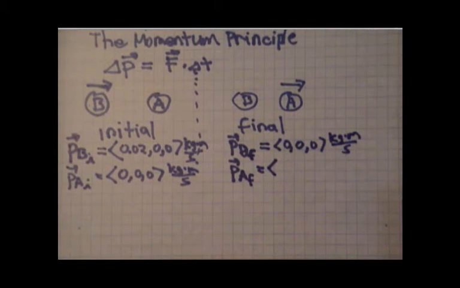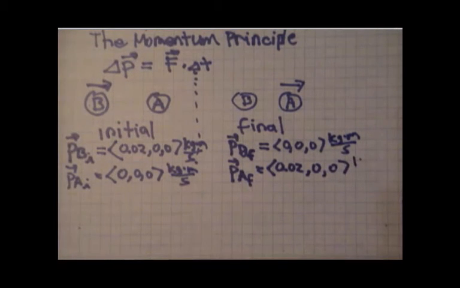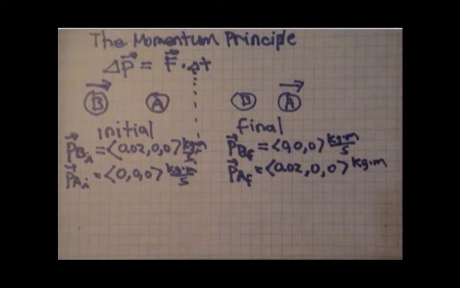And I'm going to assume that the magnitude of this momentum is also 0.02 kilogram meters per second. That looks reasonable if you look at the video, that the momentum that ball A acquires in the collision has the same magnitude as the momentum that ball B had before the collision.